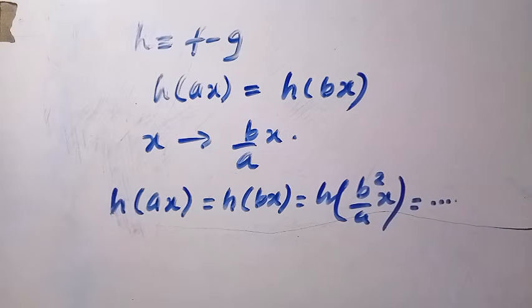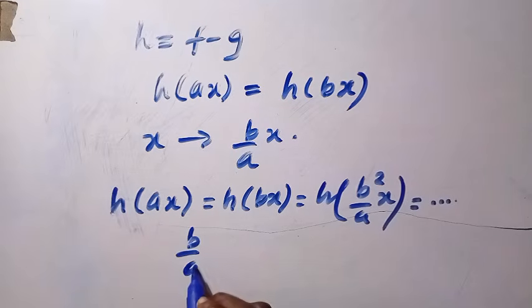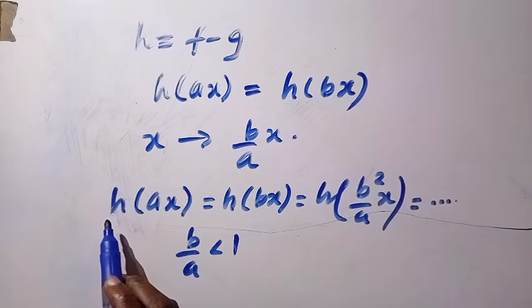So that's how it continues. But looking at this, we see that for every b over a, this is less than 1. And if this is less than 1, therefore the argument becomes 0. And if the argument becomes 0, it shows that h becomes constant. So this is how to test for the uniqueness.